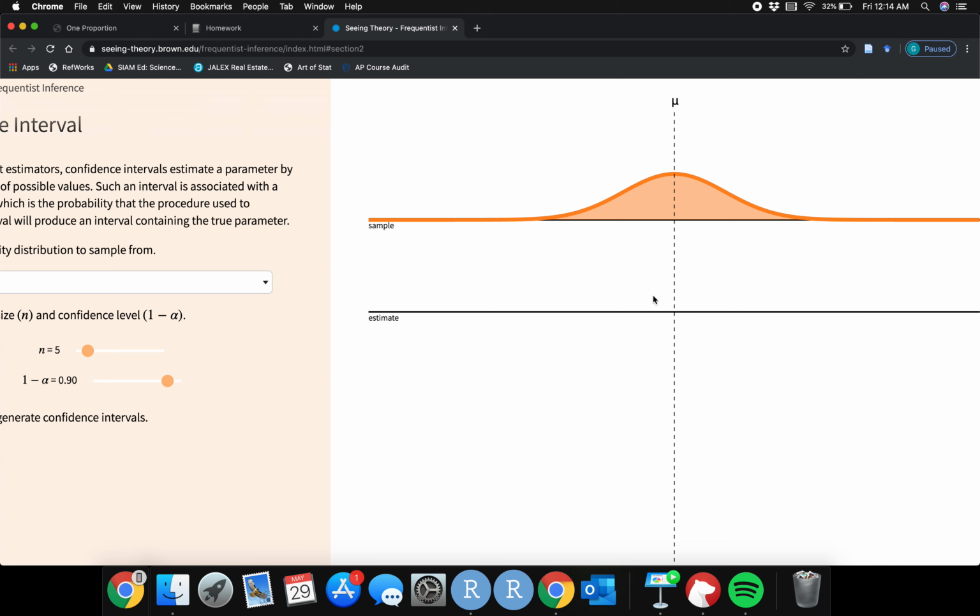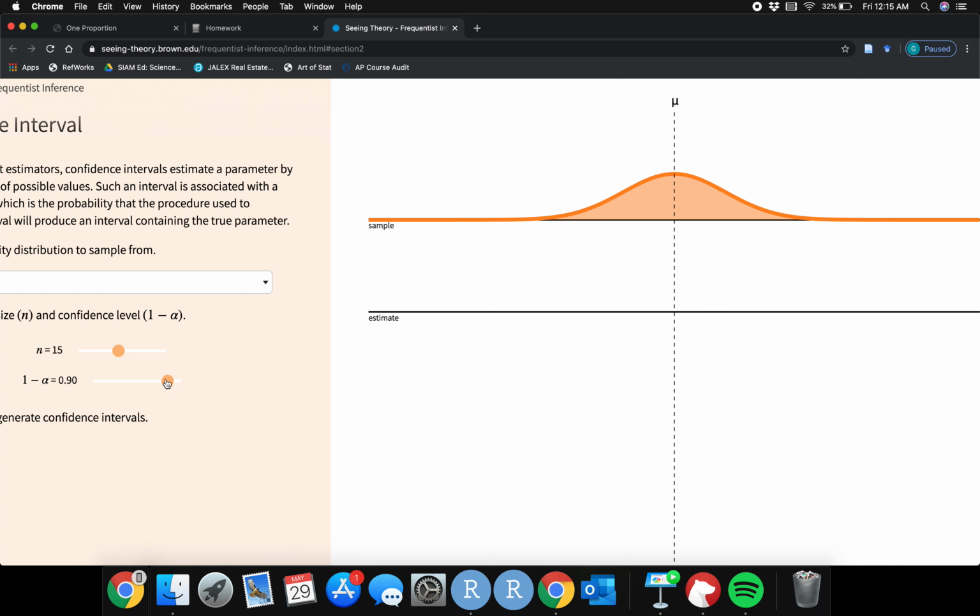So I'm going to sample and try to create intervals that contain that truth. How this visualization is going to work is they're going to sample however many points I want from this population, then create an interval, and I want to see if that interval contains that truth, that dotted line, or not.